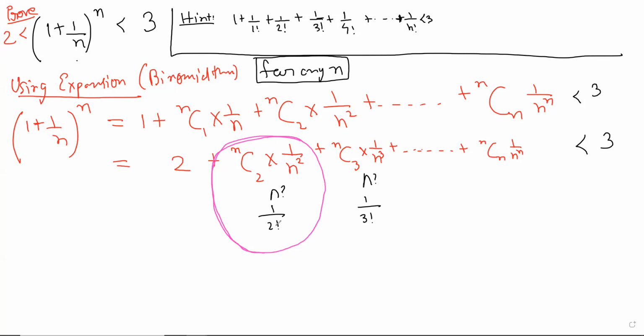So just write the definition of n choose 2 and you should be able to see it. Write the definition of n choose 2, n choose 3. The algebraic definition.